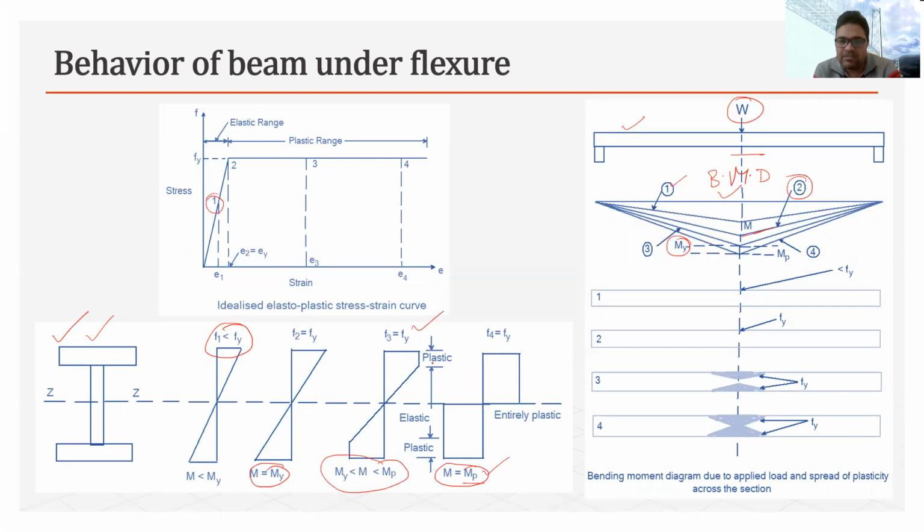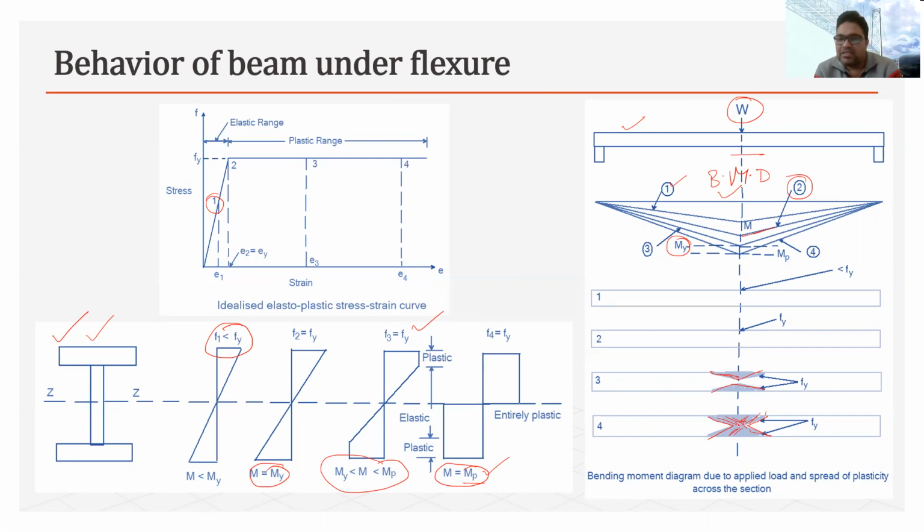Now the part which is plastic is being shown here. So this part is plastic, and this is actually forming the hinge. Now when the complete part is plastic, you can see here, this whole shaded part becomes plastic, which means it can now rotate freely. It can rotate.